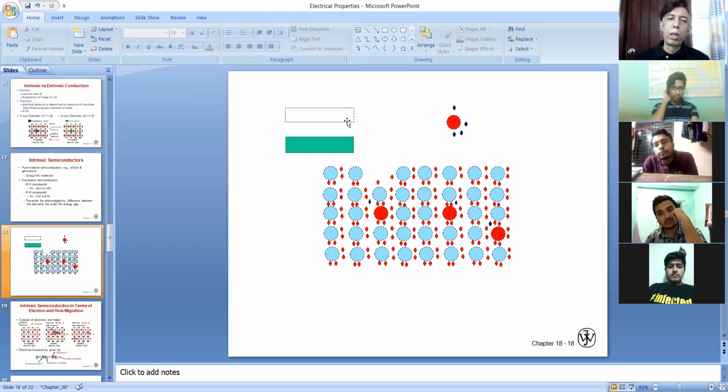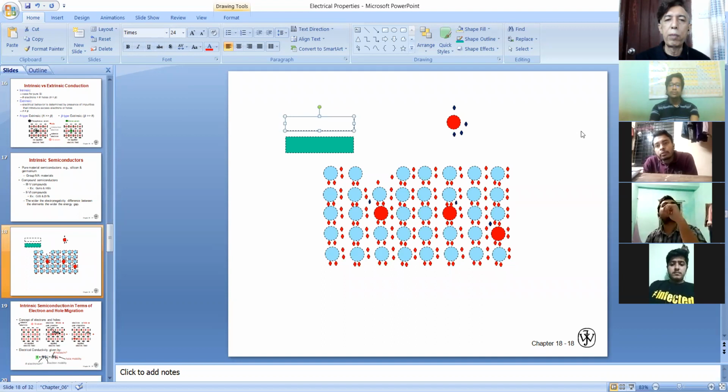So in case of this free electron, the band gap between the valence band and conduction band is very small. Why? Because these electrons are free.